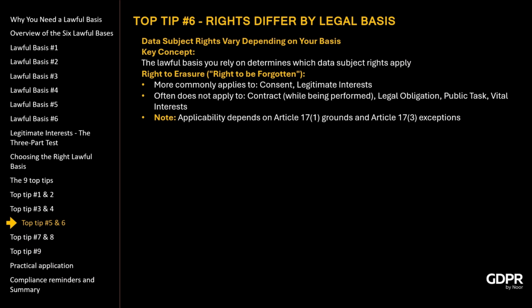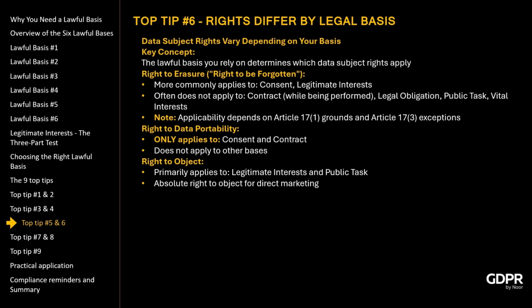For contract, erasure applies once the data is no longer necessary. For vital interest, it applies once the emergency ends. The right to data portability only applies to consent or contract, never to legal obligation, public task, or legitimate interest. The right to object mainly applies to legitimate interest and public task, and for direct marketing, it's absolute.